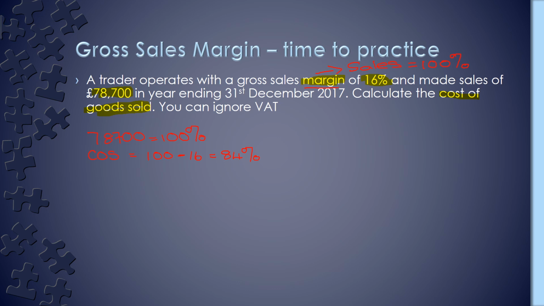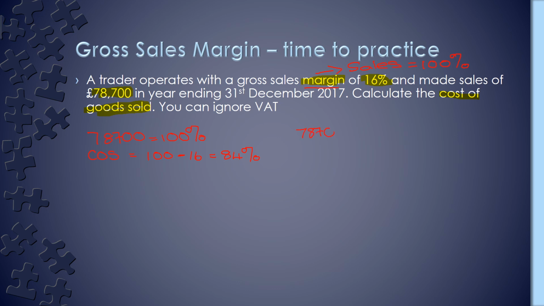So when we know what value our cost of sales equals, we can work out what our cost of sales is based on the sales figure and the percentage that we know the cost of sales represents. So then we're going to do our sales figure.